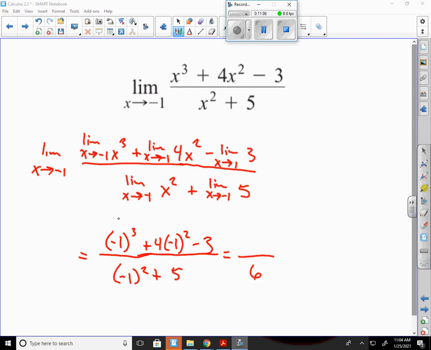So it's negative 1 plus 4, and then minus 3. That gives me 0. So 0 over 6 is just 0. I am allowed to have a 0 in my numerator, but just not the denominator. So my limit as x approaches negative 1 of this whole thing is equal to 0.